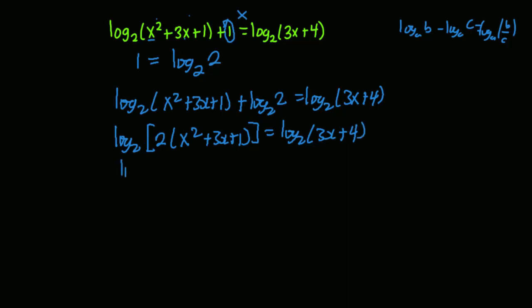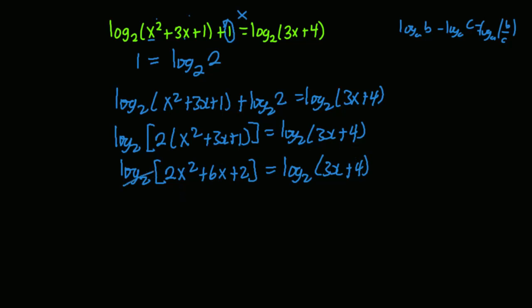So this will give log 2 of 2x squared plus 6x plus 2 is equal to log 2 of 3x plus 4. And so you can just go ahead and cancel the logs of both sides. So we'll end up with 2x squared plus 6x plus 2 is equal to 3x plus 4.